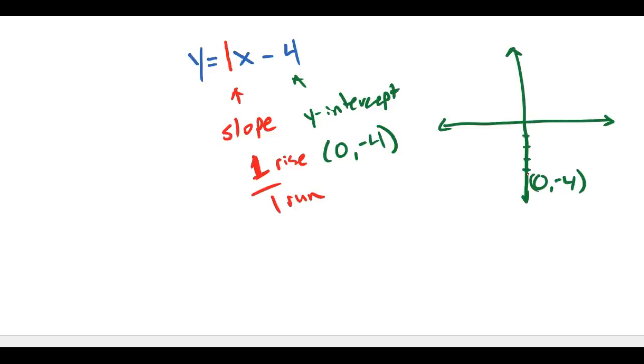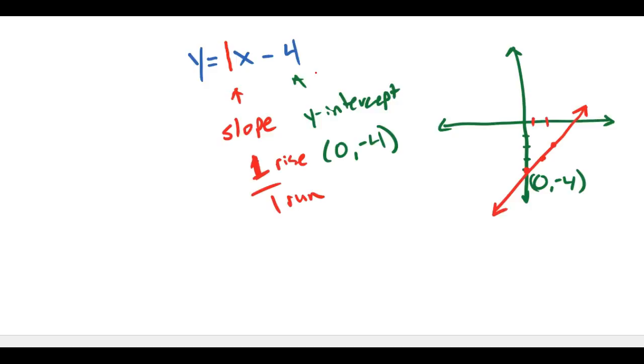So from this point right here, I can go up 1 and over 1. And I can keep doing that. I can go up 1 and I can go over 1. And now I can draw my line. Okay? So all I need to do, if I want to identify slope and intercept, is look at the equation.